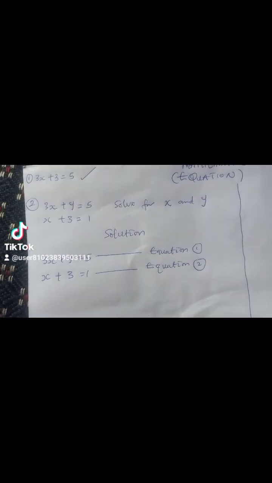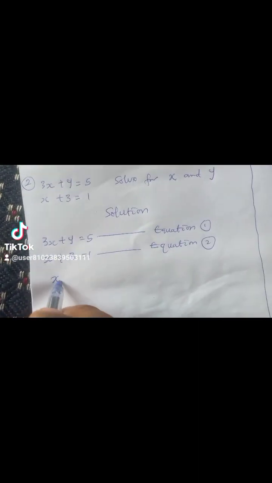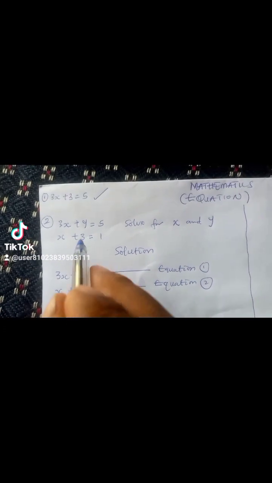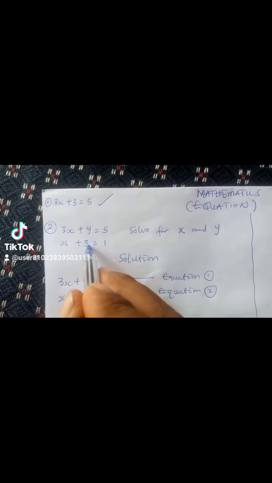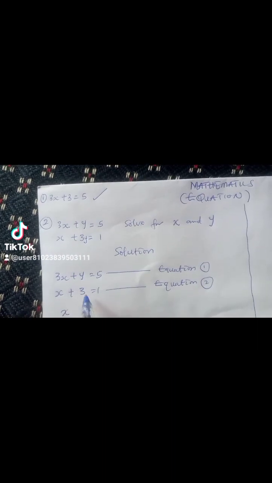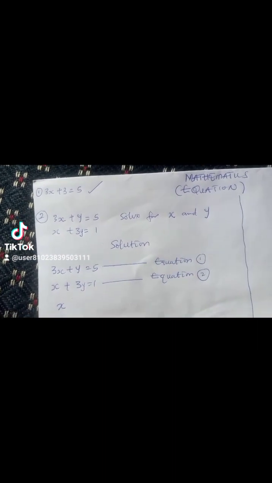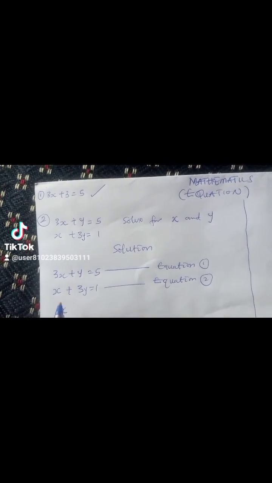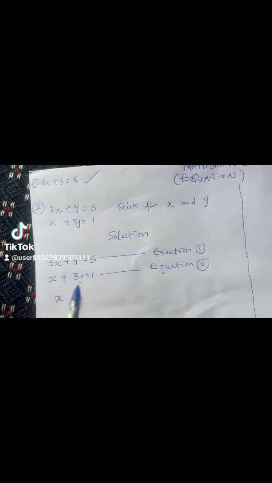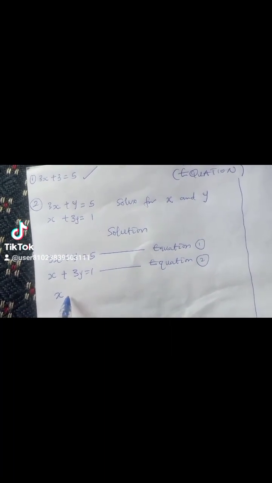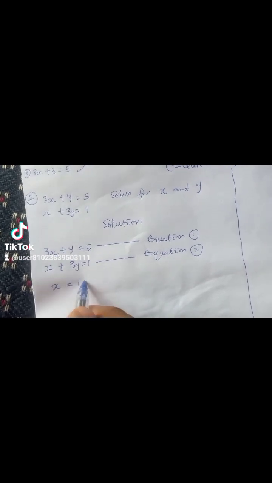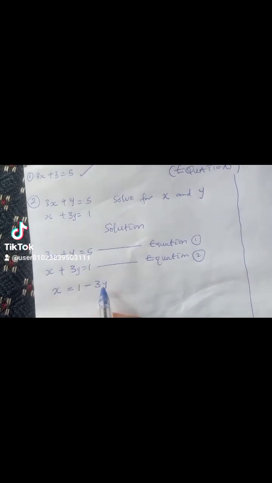Now, this equation 2 can be written in this form: x equals 1 minus 3y.